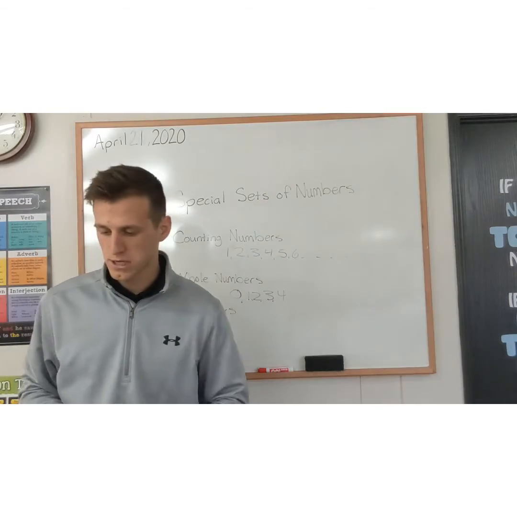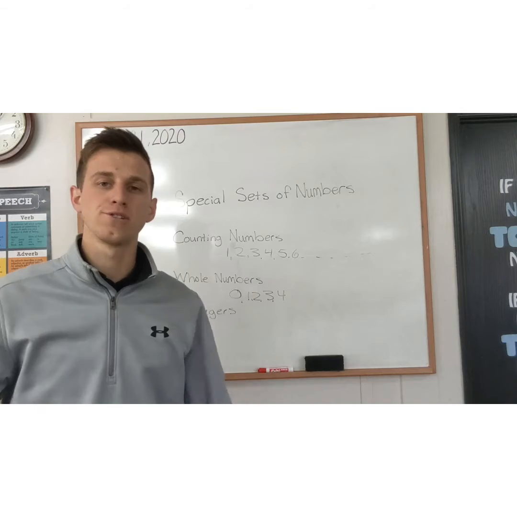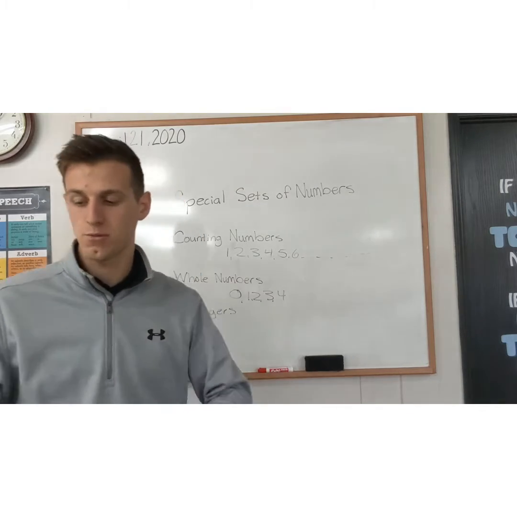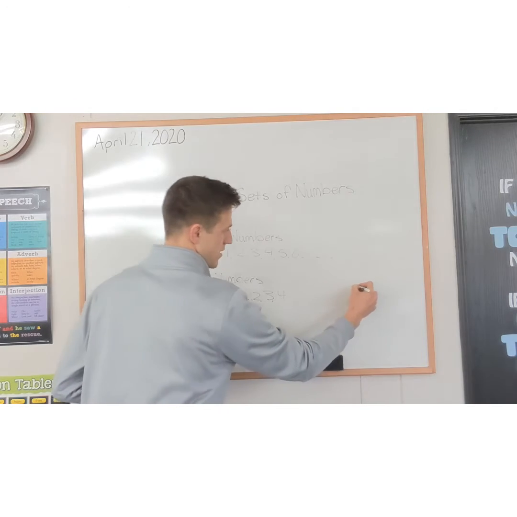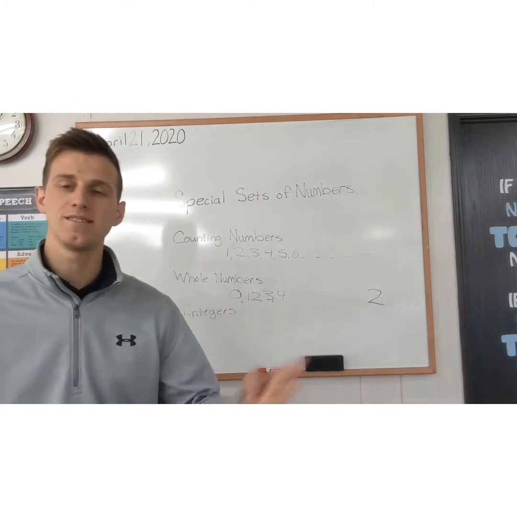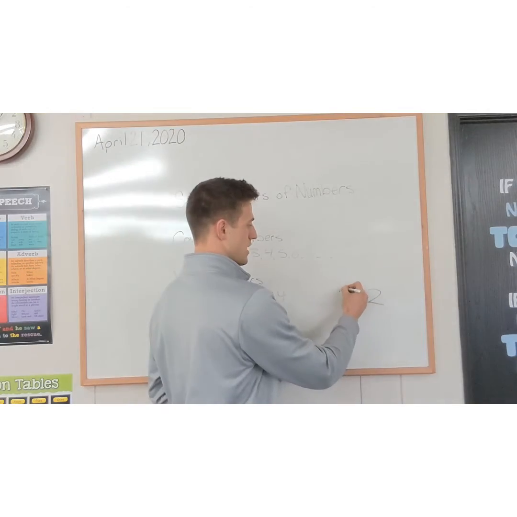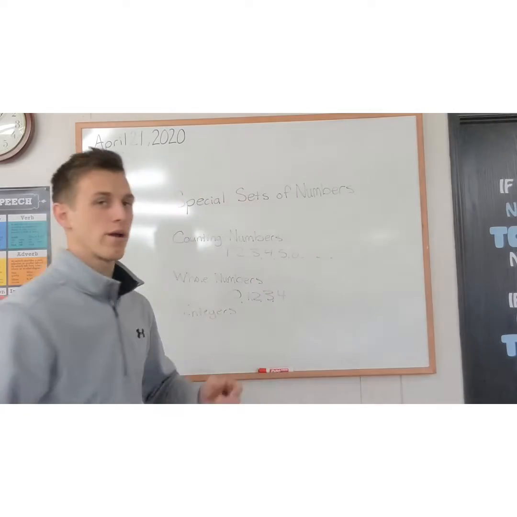And our last special set of numbers are all of the whole numbers and their opposites. And what it means by that is we have 2, right? The opposite of positive 2 is negative 2, right? So an integer is any whole number and its opposite.